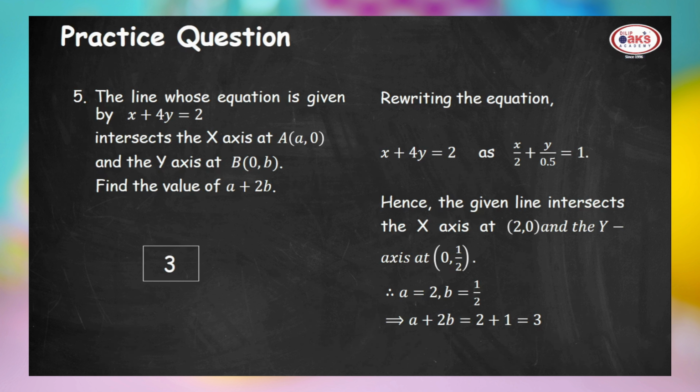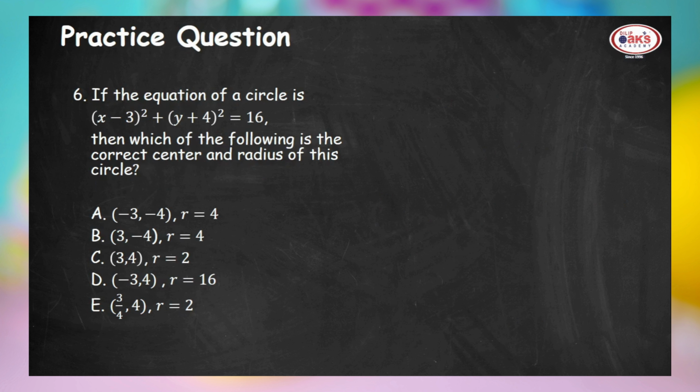Now let us go to the last question of today's class. They have said the equation of a circle is (x - 3) the whole squared plus (y + 4) the whole squared equal to 16, and they have asked us to identify the correct center and radius of this circle.